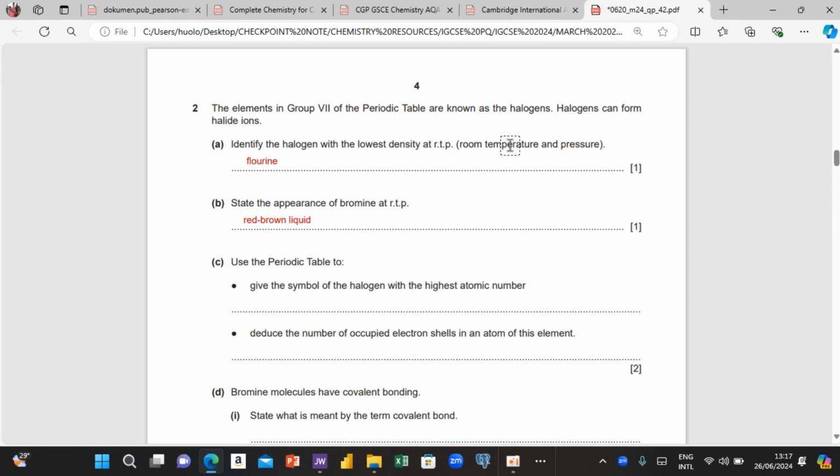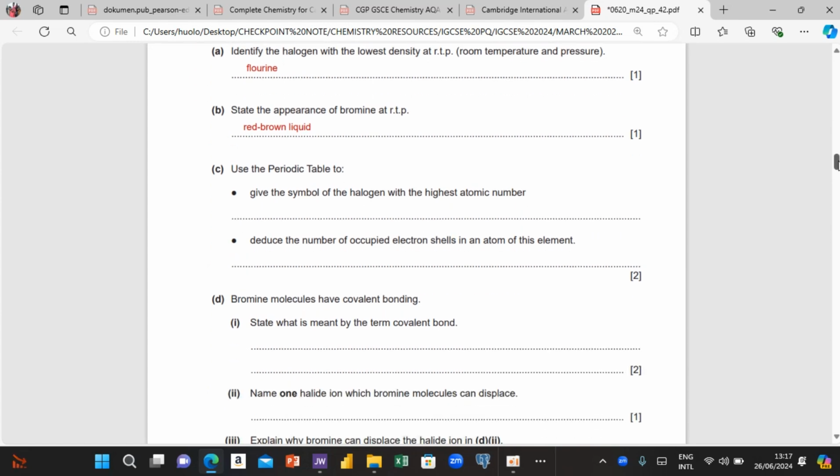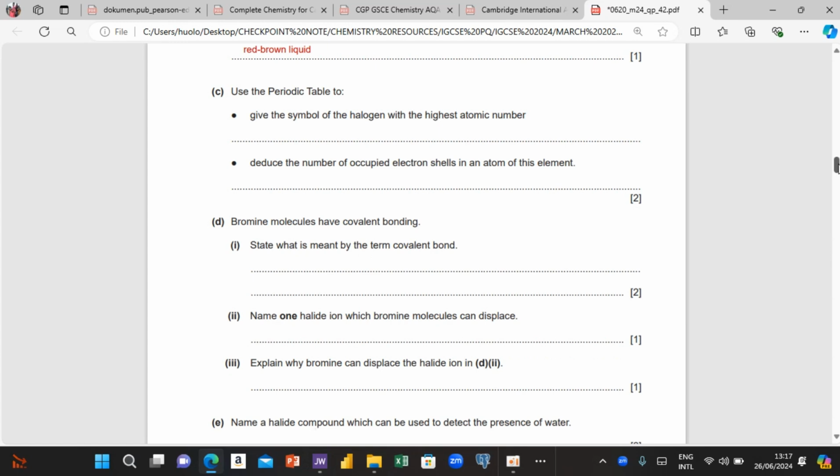Mercury is the only metal that is liquid at room temperature. Every other metal is solid, and bromine is the only non-metal that is liquid at room temperature. I hope that is understood. So we make progress now to the next question.